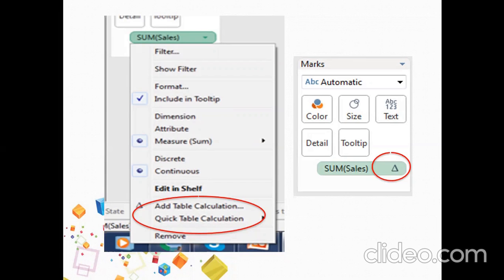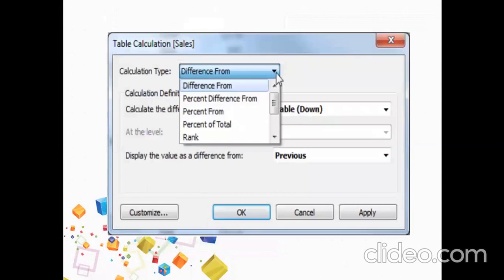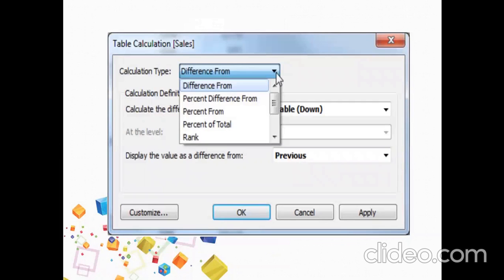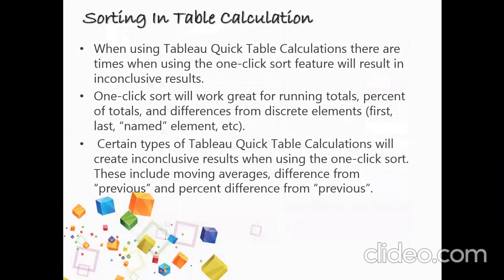Through this triangle sign, we identify on which particular sheet we have a table calculation and how we can rectify it. So this is another window of our table calculation. It's through add table calculation. The earlier one was through quick table calculation. We'll be seeing these in Tableau. Now this is very important for us.